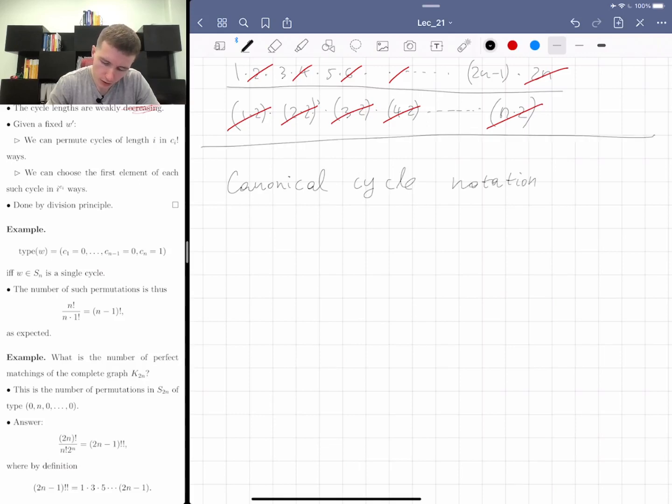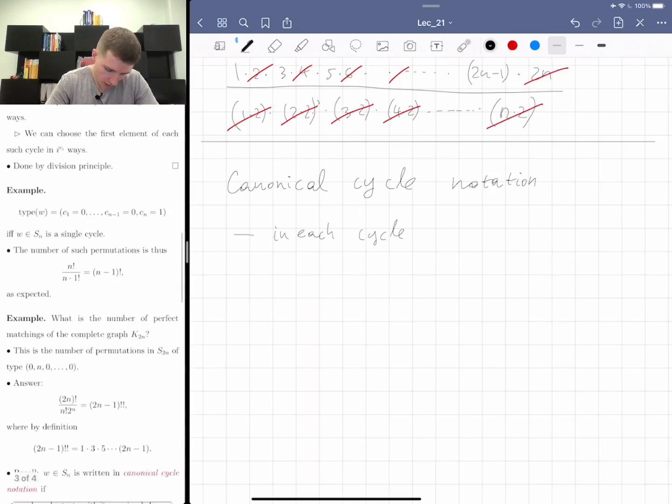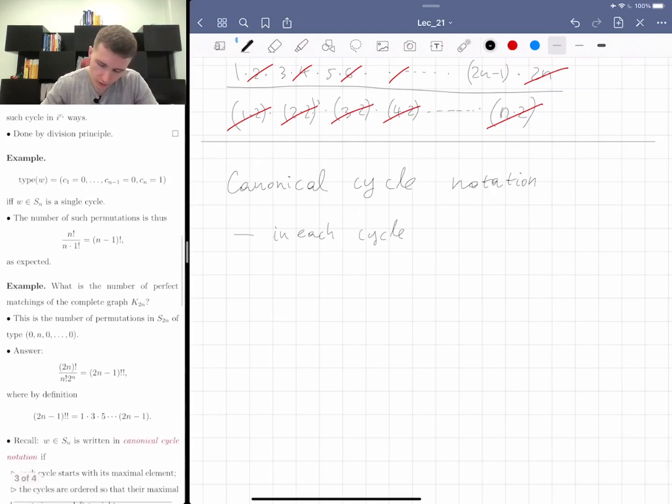So if you want to write a permutation canonically, then the conditions are that in each cycle, the maximal element comes first. So that removes the freedom of permuting cyclically the elements inside each cycle.